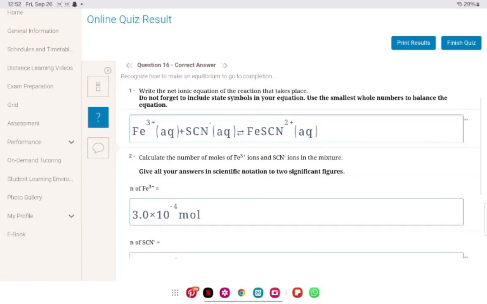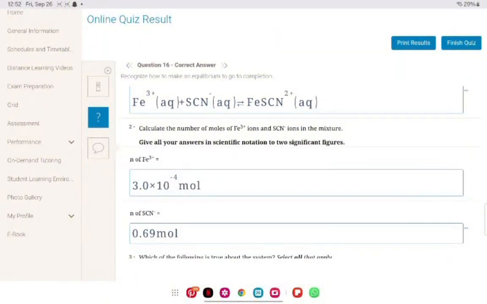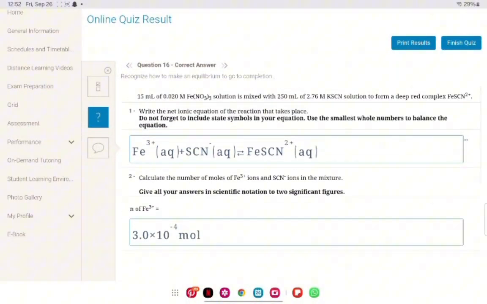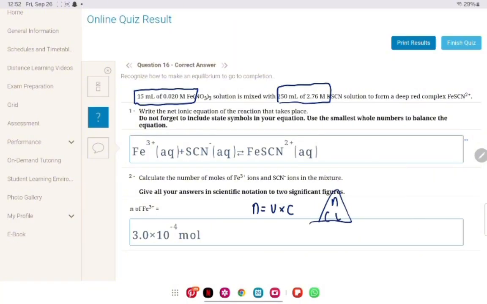And now we'll do the second part. Calculate the number of moles of Fe3 plus ions and SCN ions. So you're gonna look here. They gave you volume and concentration, and they gave you here as well volume and concentration. So you're gonna do n equals volume times concentration. So remember the rule n = CV.